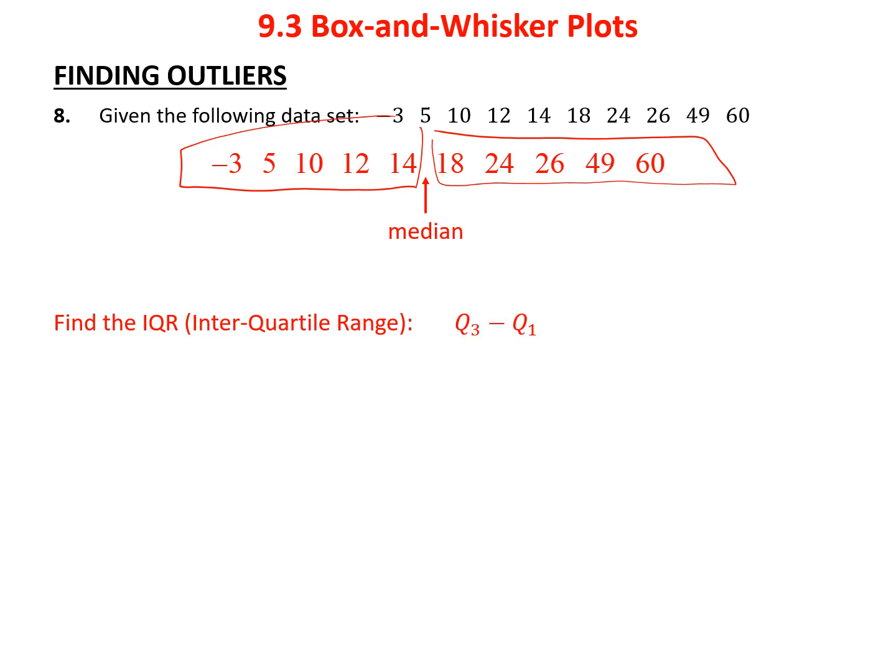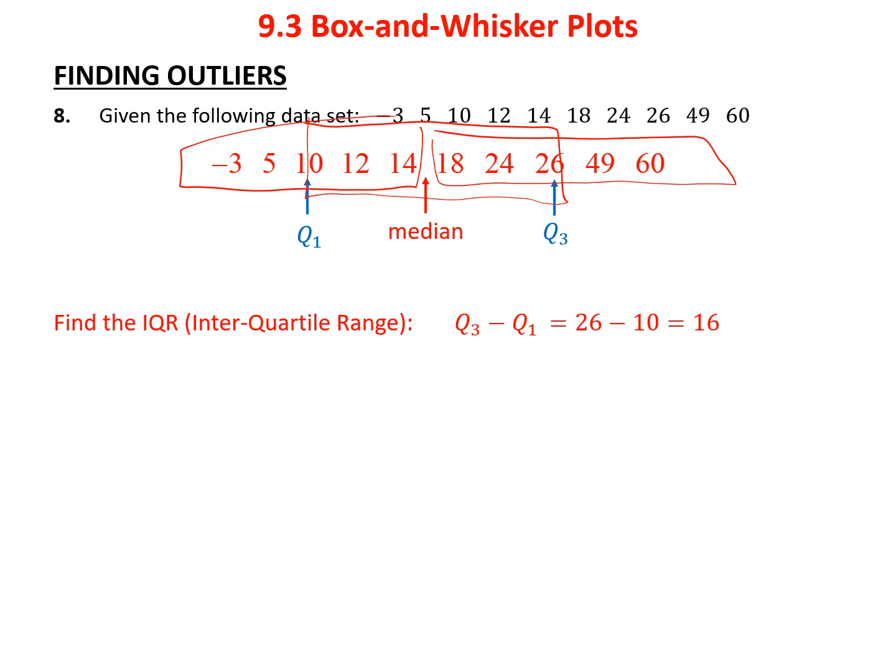Now my interquartile range: Q1 is 10, and over here Q3 is 26. So my interquartile range is 26 minus 10, or 16. This is my box here.